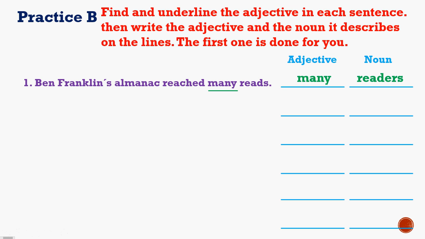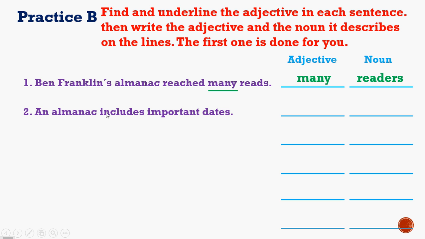Okay? Number 2. An almanac includes important dates. The adjective over here, it's important. ¿Cómo lo vamos a descubrir, niños? Hay que buscar primero el sustantivo. ¿Ok? Podemos tener varios sustantivos.